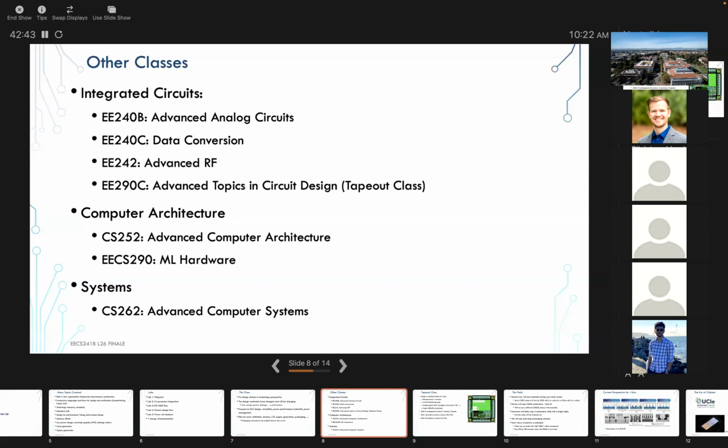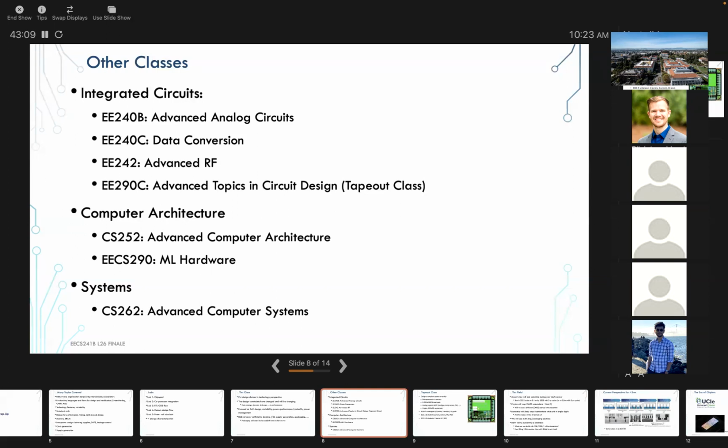If you're a PhD student, you really may not need that class because you'll have tape-out opportunities elsewhere. But if you're a master's student, it's a cool one to do, or if you're an undergrad as well. But we may have other special topics courses, like an IO course, later, the high-speed ones and so on.